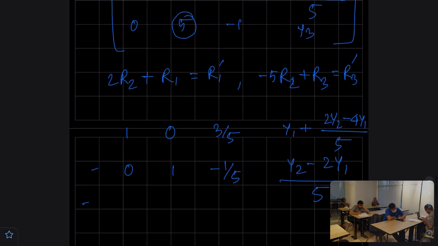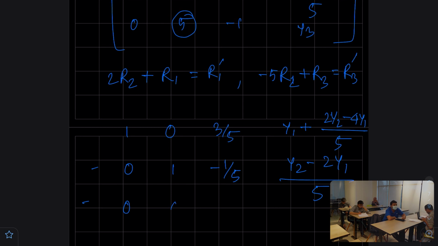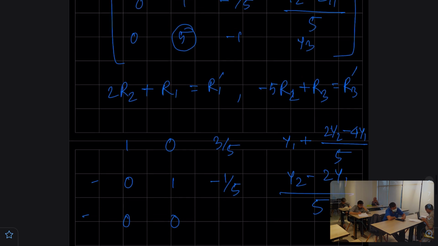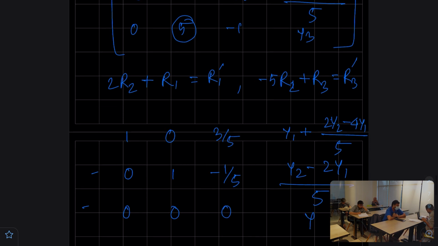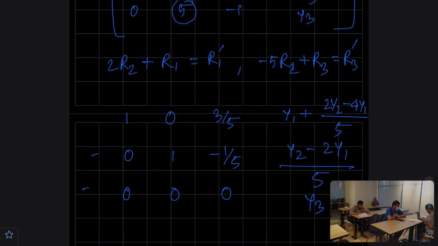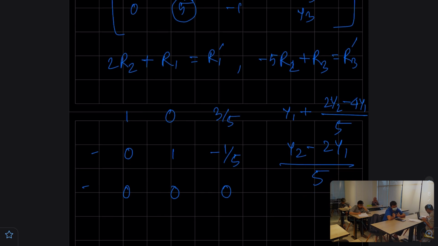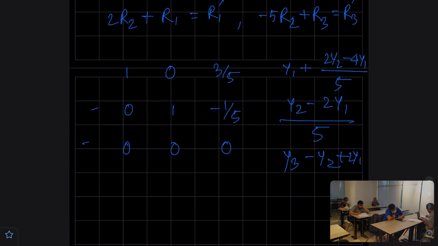And for the last one, this is also 0, 0, and the last one is y3 minus y2 plus 2y1. Okay.